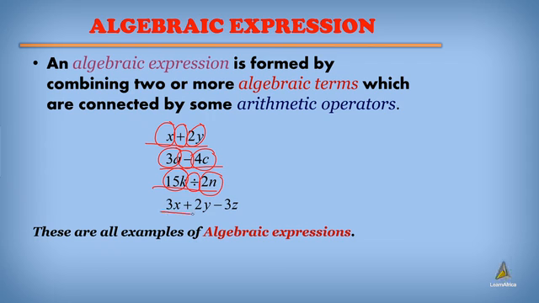And then we also have another algebraic expression. This looks a little different because we have two operators connecting the three terms, 3x, 2y, and 3z, the addition operator and the subtraction operator. All these are examples of algebraic expressions.